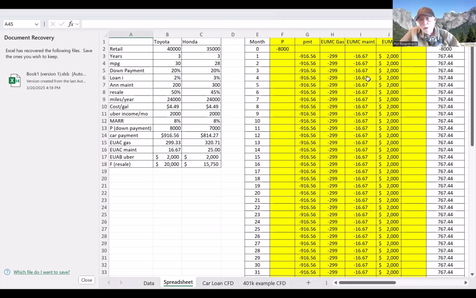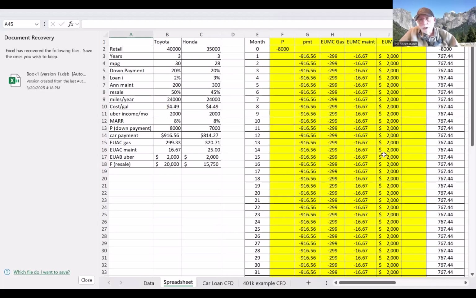And I'm going to use Toyota here to make a cash flow diagram. Now, a cash flow diagram shows cash flows. It's not just a diagram that shows a whole spreadsheet unless everything on the spreadsheet is a cash flow that is part of your problem.